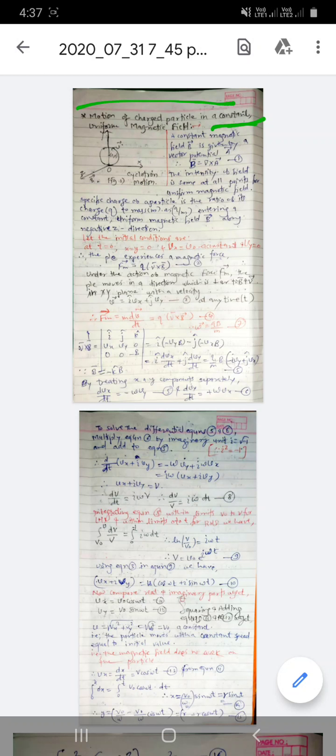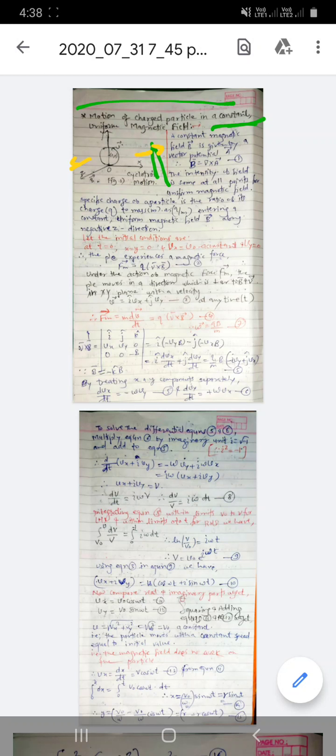The graphical situation is shown in this present diagram. The magnetic field is applied along negative z direction, electric field is applied along positive x direction.